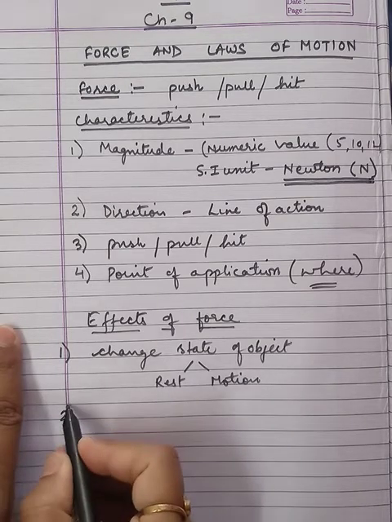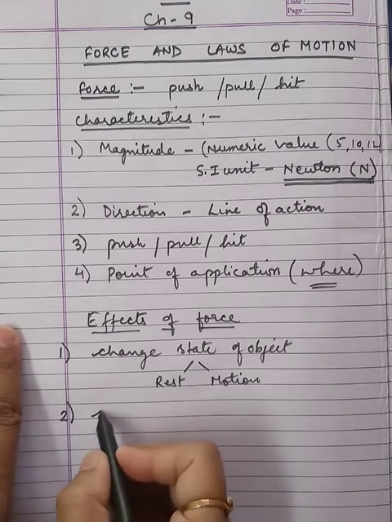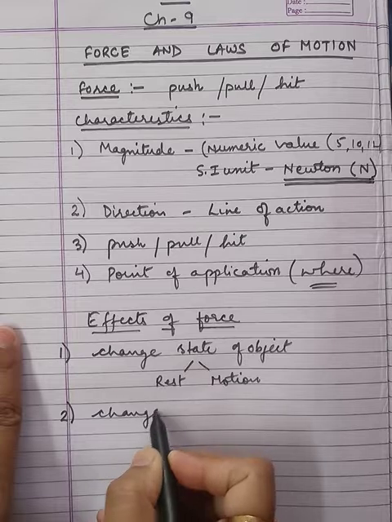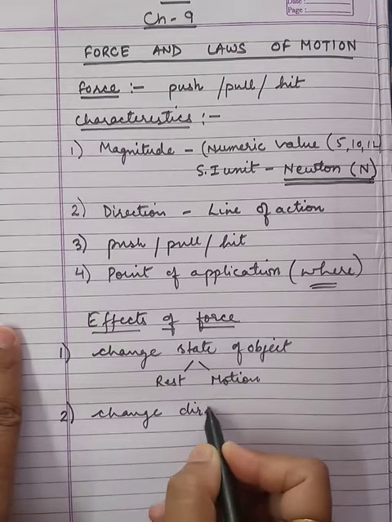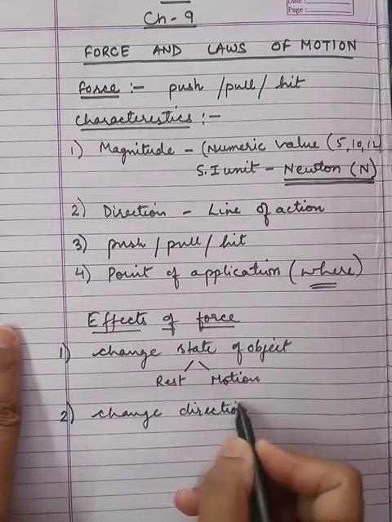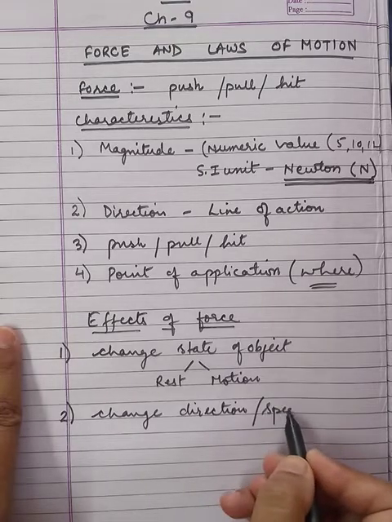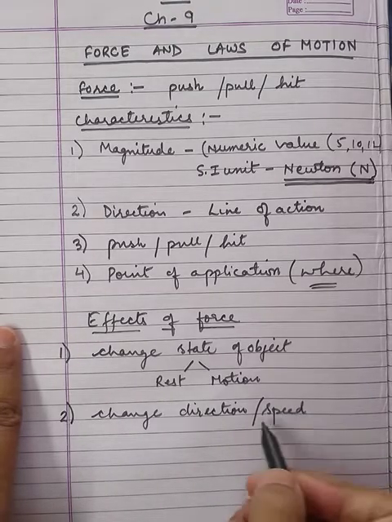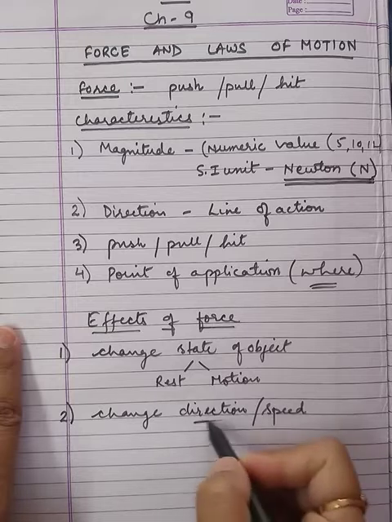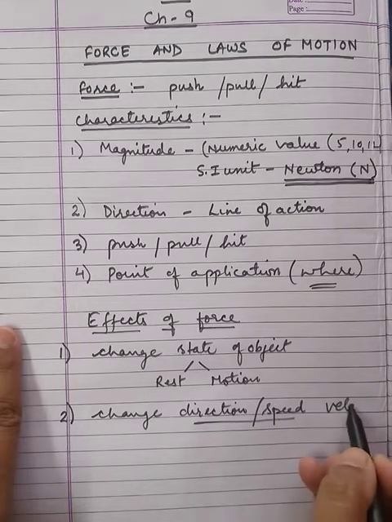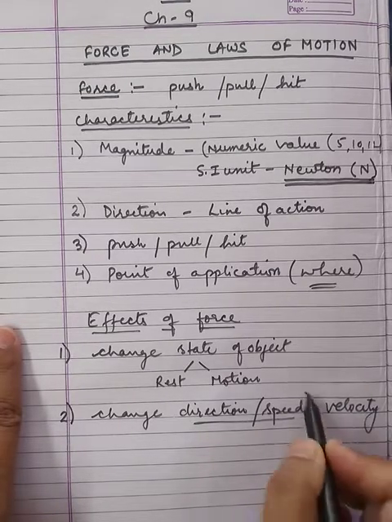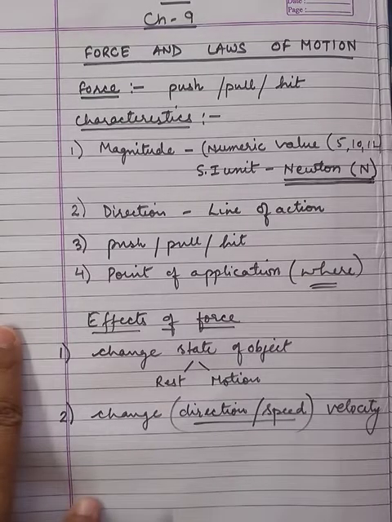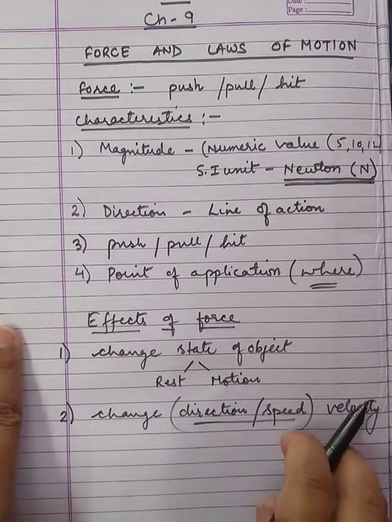The second effect that we can see is it can change the direction, or you can say it can change the speed of a moving object, or combinedly we can say it can change the velocity of an object, okay.